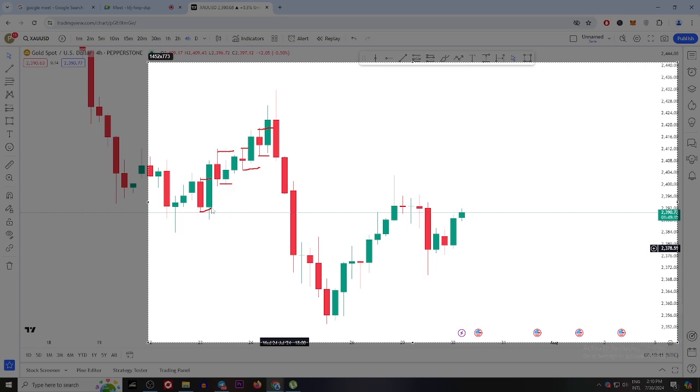Here we have an engulfing sell, an engulfing sell, then an engulfing buy, an engulfing sell, and an engulfing buy. Here we have nothing, but we have an engulfing sell. So everything is either an engulfing buy or an engulfing sell.